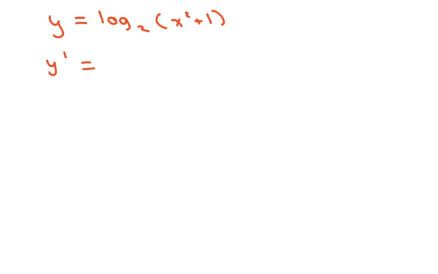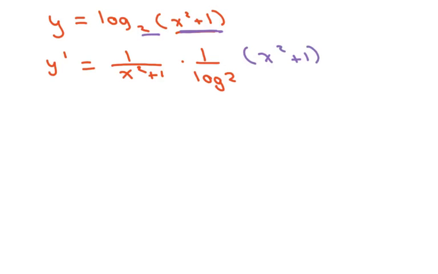So it's going to be 1 over my x, that's my x squared plus 1, times 1 over log of 2, because that's my base, times this top part, we could have done that earlier, x squared plus 1, and we take the derivative of that. So when you take the derivative of that, that's 2x. So what you're going to get is 2x over x squared plus 1 times log of 2.